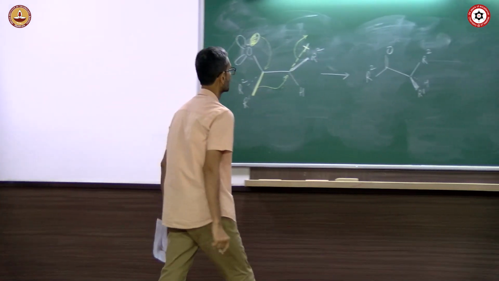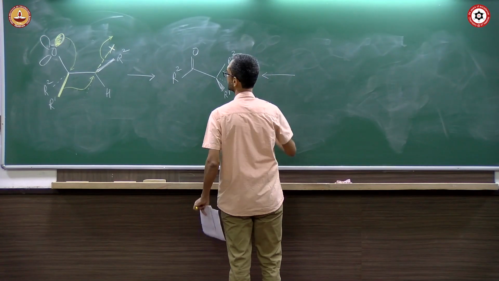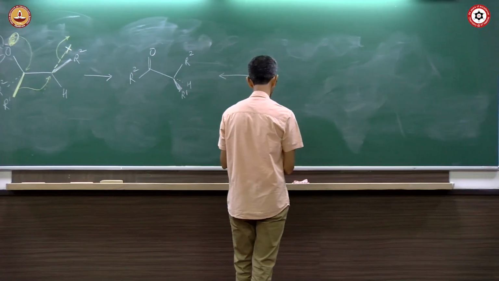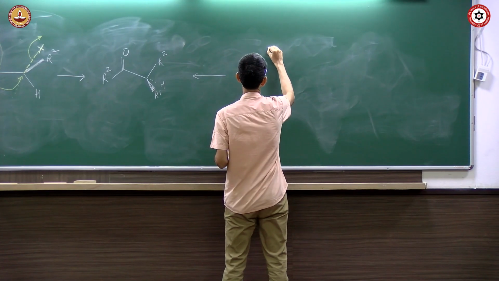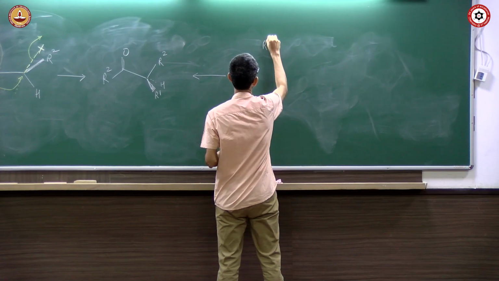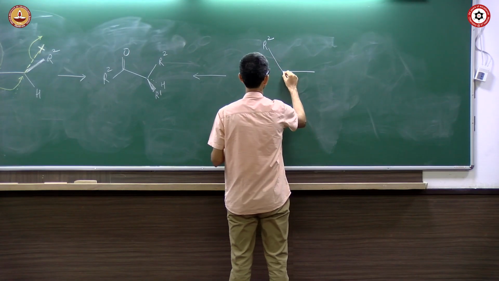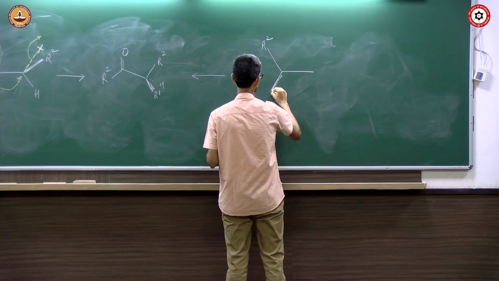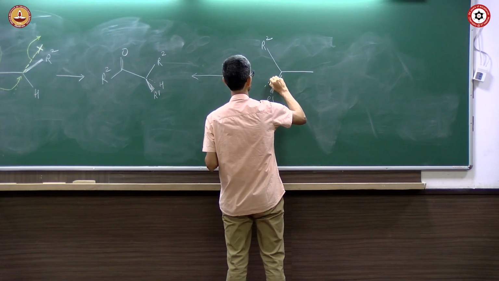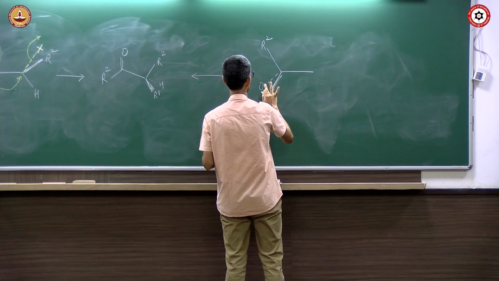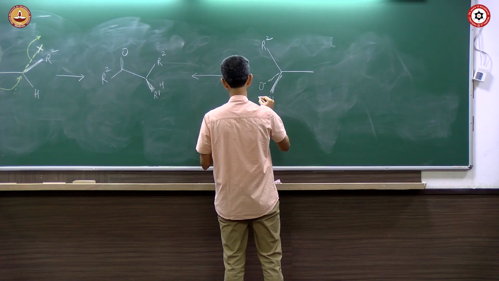Okay, let's just reverse the situation and then try to understand. So you have a scenario like this, let us say. R2, R1 is at the front, and then you have oxygen.